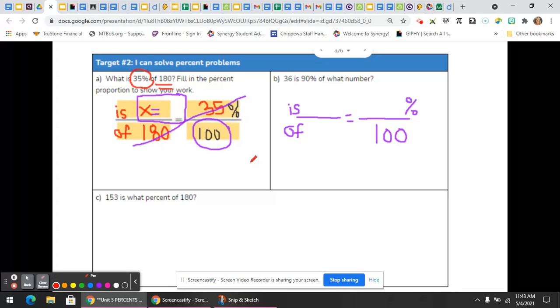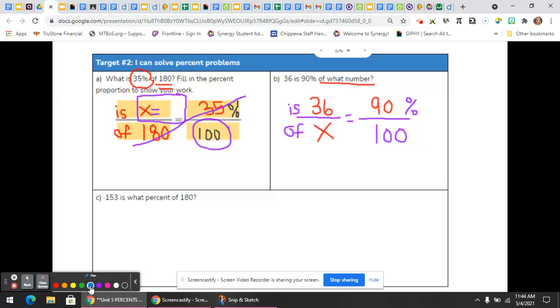I've got 36 is 90% of what number? So 36 is, I see 36 is the part, 90% is what we're working with. Here, of what number is missing? We do not know the whole, but we know that 36 is 90%. So we're solving for the whole.